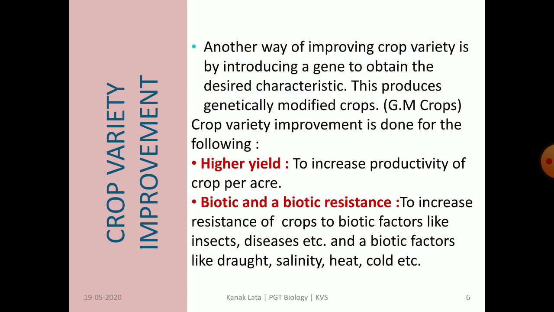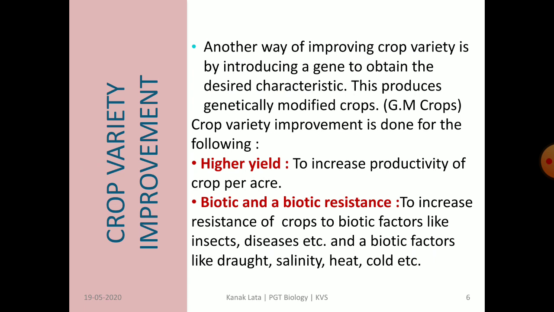Now children, the question arises, why is crop variety improvement done? It is done due to various reasons. First is for higher yield, means to increase productivity of crop per acre.